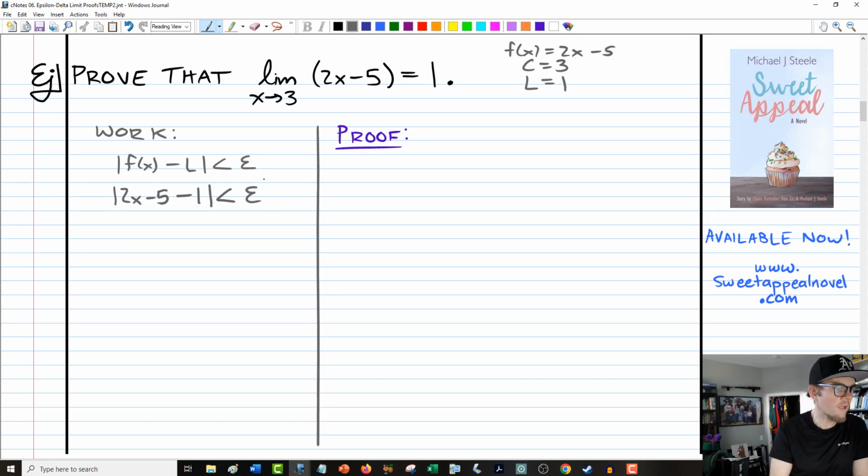So from here, if 2x minus 5 minus 1's absolute value is less than epsilon, well, that's clearly the same thing as 2x minus 6's absolute value being less than epsilon. And then, of course, I can go ahead and factor out a 2 from that.